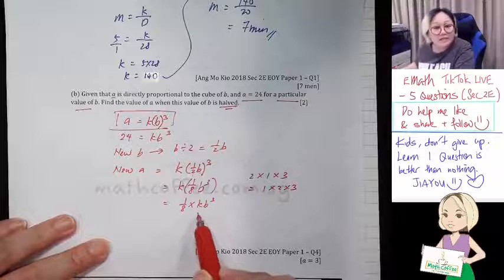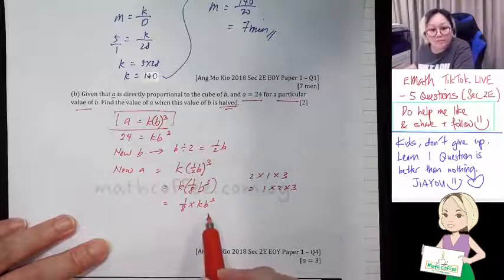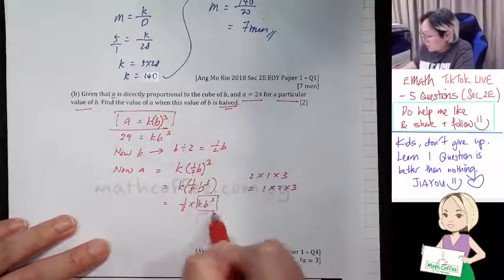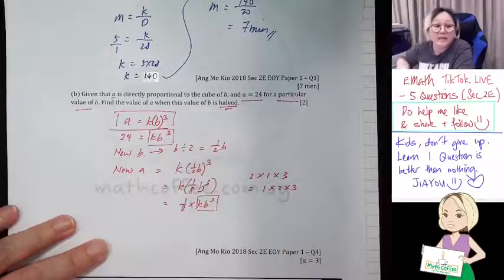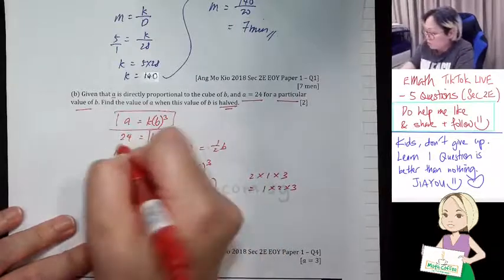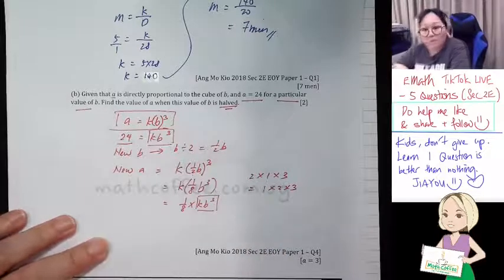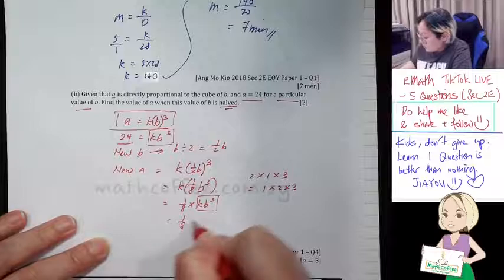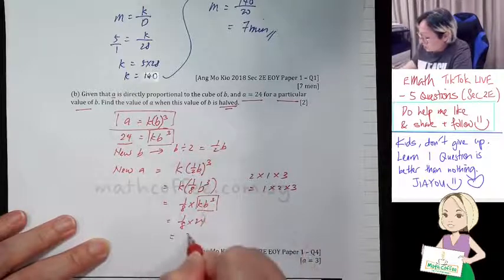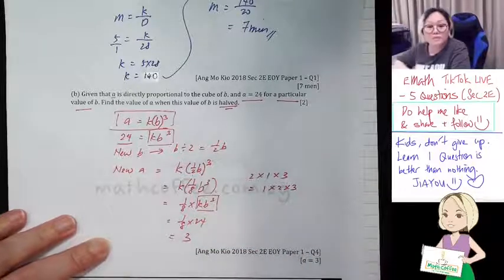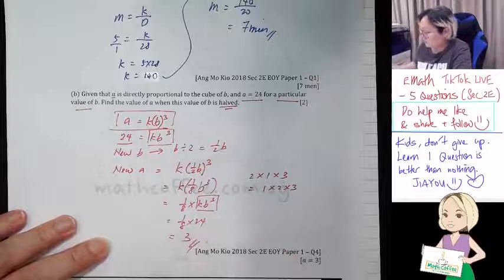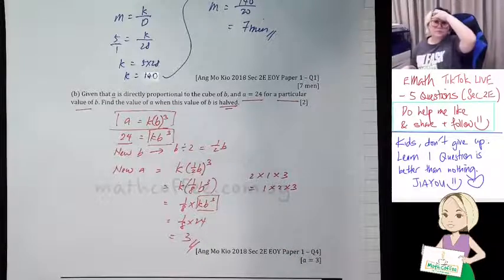The sad news is I don't have my K and I don't have my B, but I have the whole junk here: KB cube is equals to 24. So I'm going to sub in 1 over 8 multiplied by 24, and that will give me 3. And we are done. Understand?